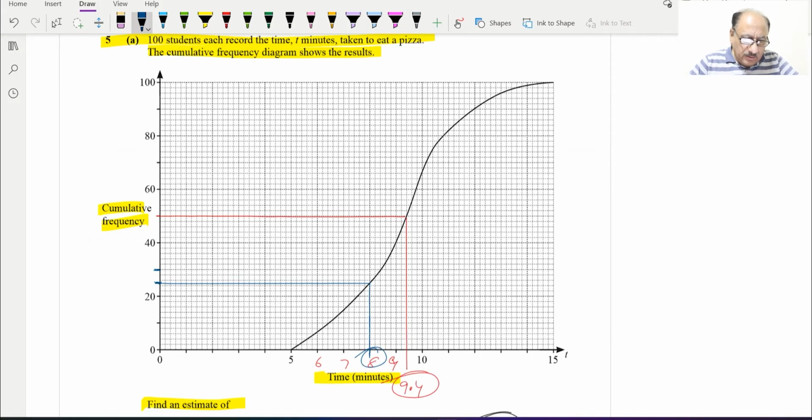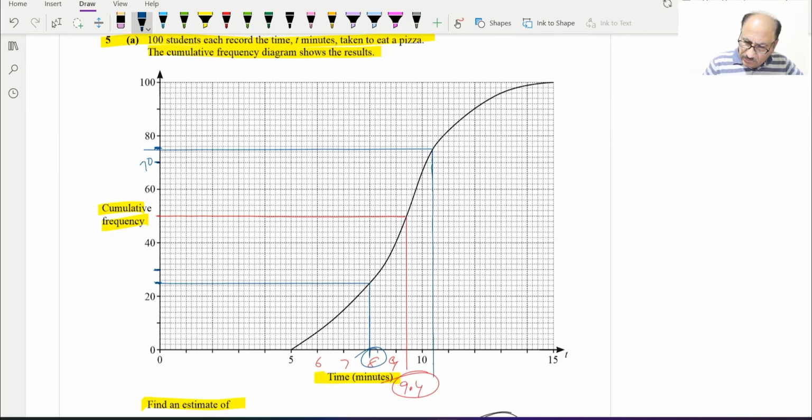And the upper quartile we can check at 75: till here is 70, then the 75th percentile we can check from here.